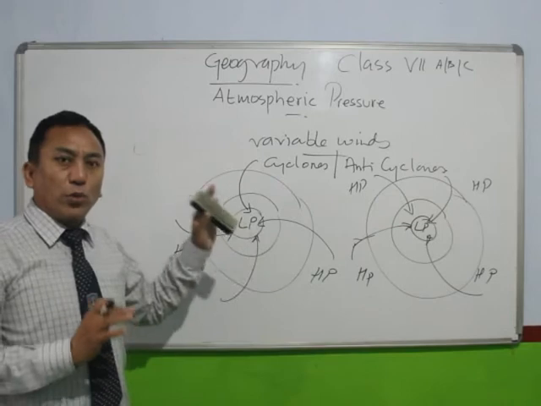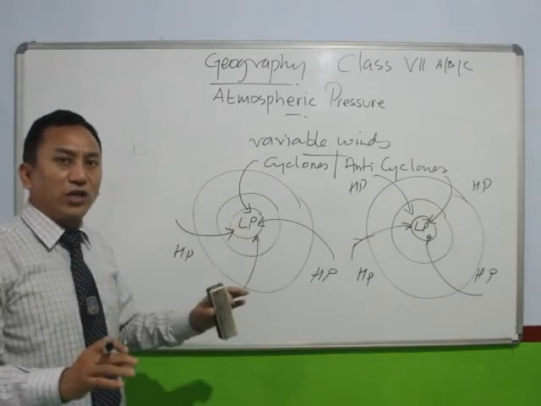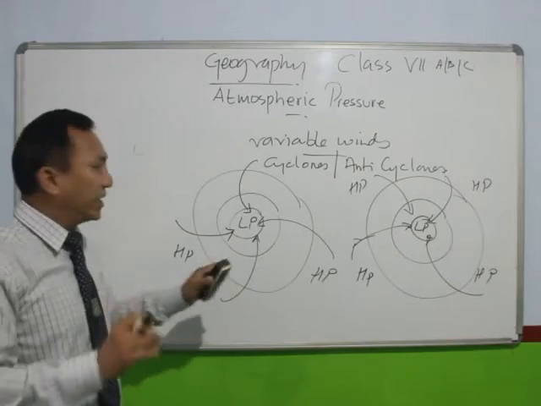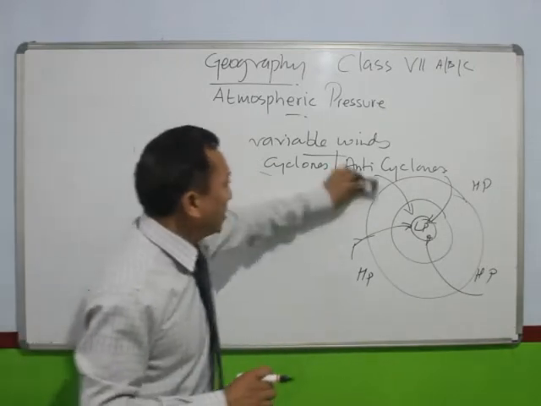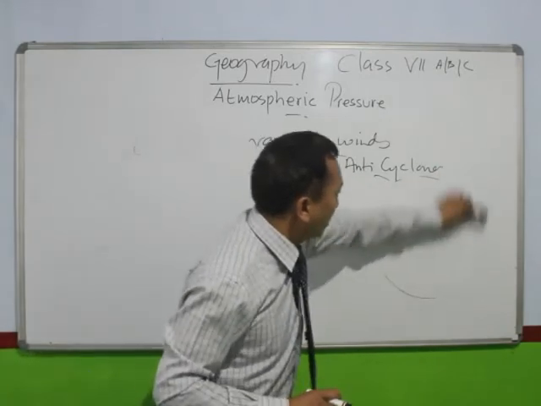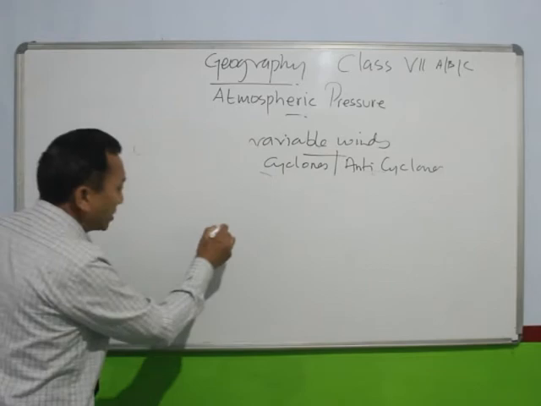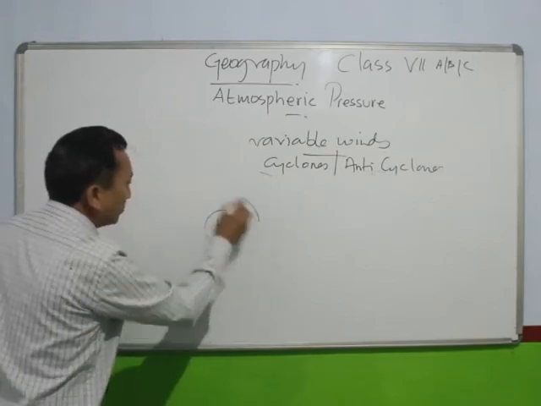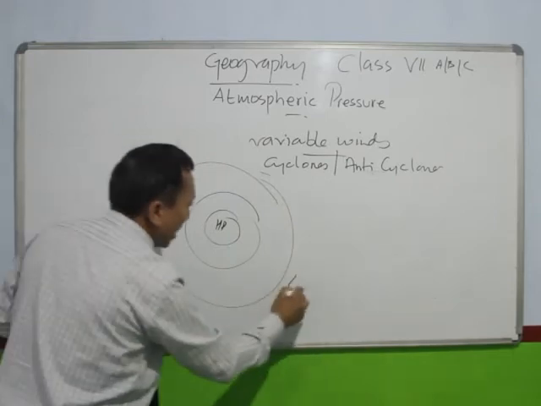When a cyclone occurs, there's a lot of disturbance, heavy rainfall, strong winds, thundering and lightning. But in the case of anticyclones, it is just the opposite. In an anticyclone, the center has a high pressure and the surrounding regions have low pressure.